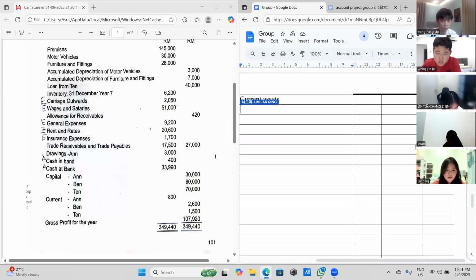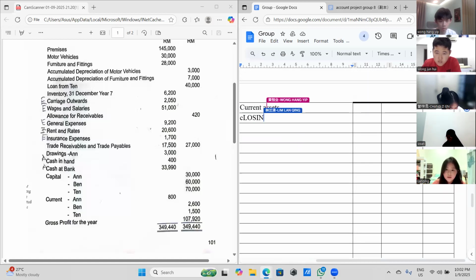The first current asset will be the closing inventory. The amount of closing inventory is 6,200. And then the next one is the trade receivable. The amount of trade receivable will be 17,000.